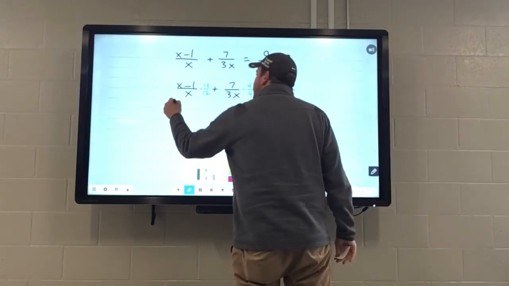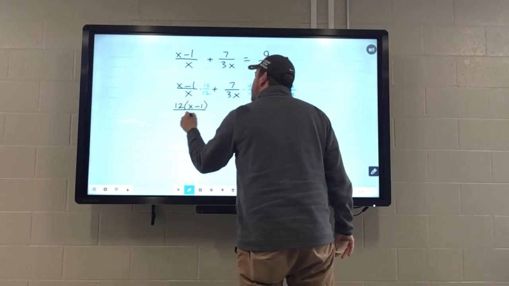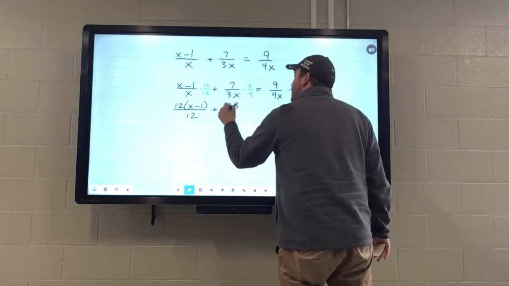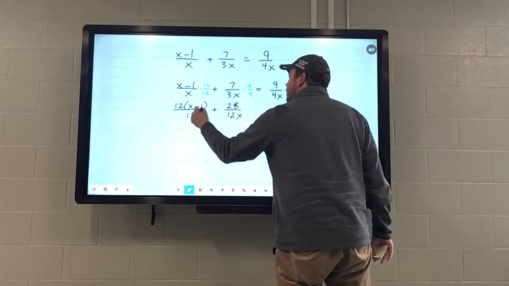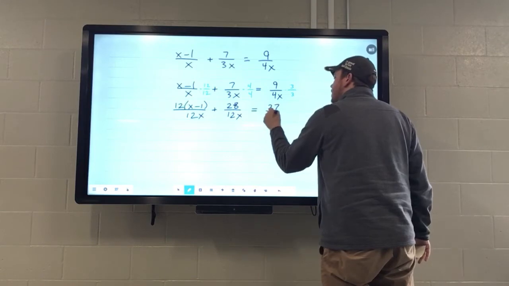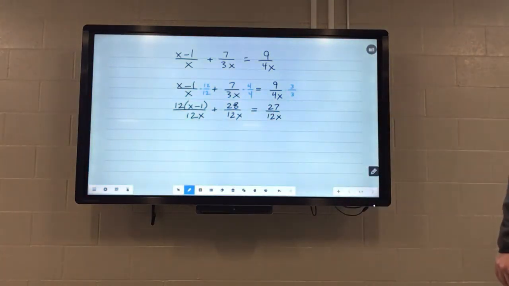That gives us 12 times x minus 1 over 12x plus 28 over 12x is equal to 27 over 12x. So now we have all common denominators.